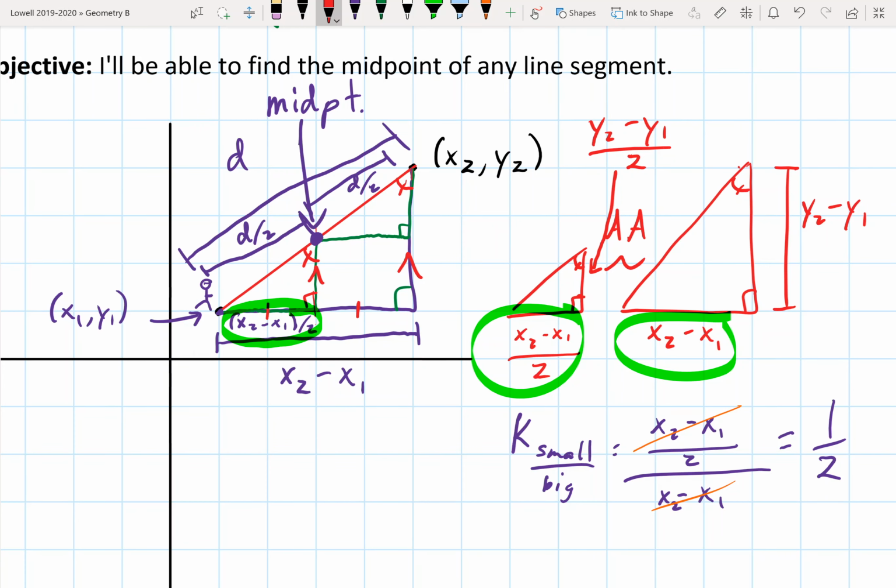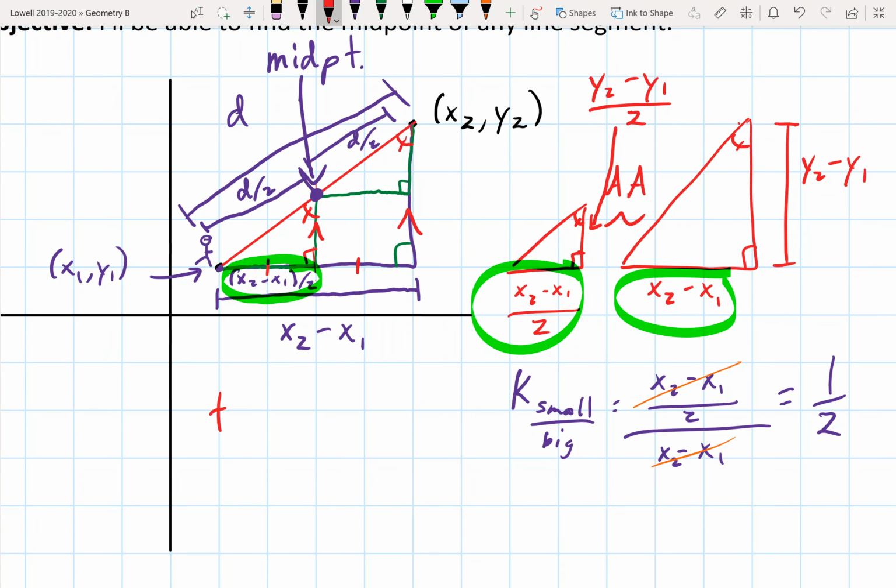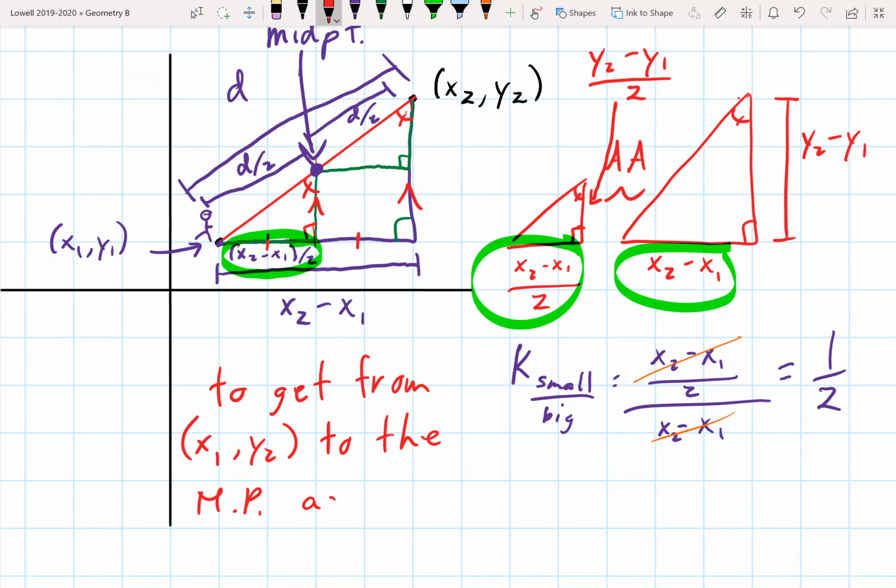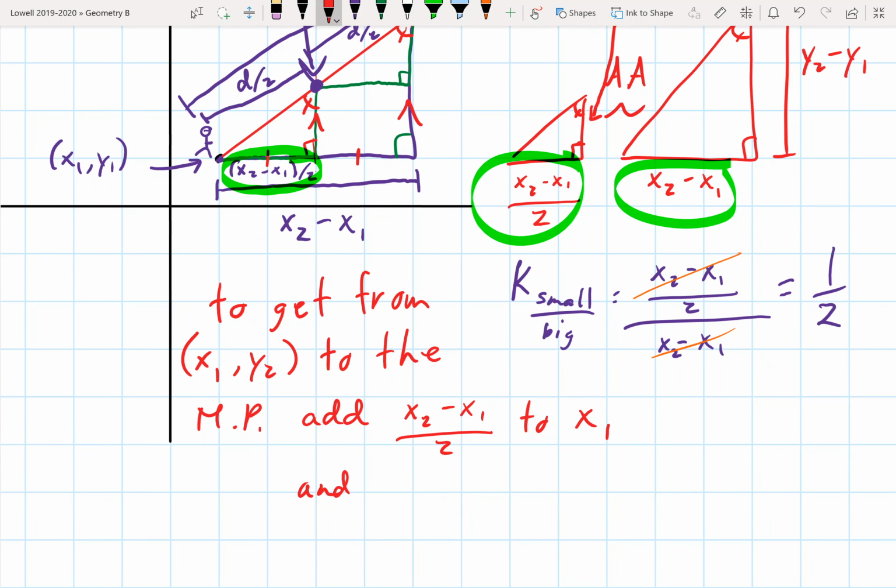So to get from x1, y1 to the midpoint, call it MP, you simply add x2 minus x1 over 2 to the x coordinate, which is x1, and y2 minus y1 over 2 to the original y coordinate, y1.